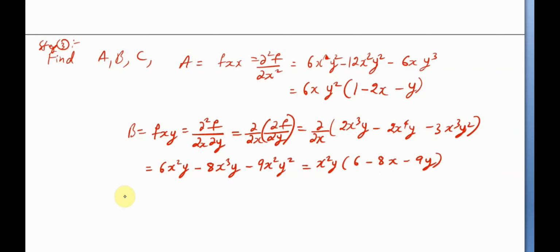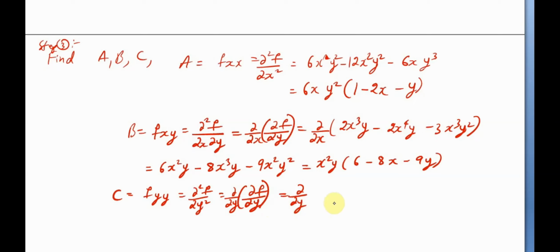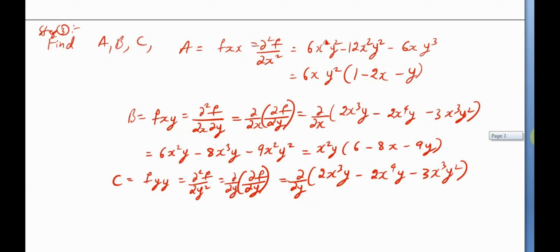Similarly I will find c. C is equal to f_yy, means it is dou square f upon dou y square. So we know dou f upon dou y already, so I will take this function. We have already calculated it, it is 2x cube y minus 2x raised to 4 y minus 3x cube y square. Then I am going to differentiate this with respect to y.